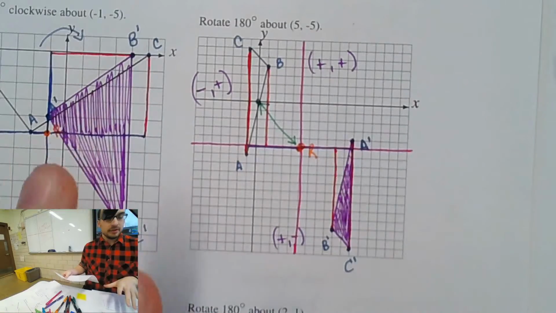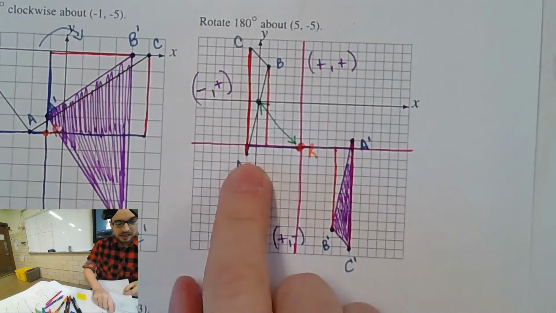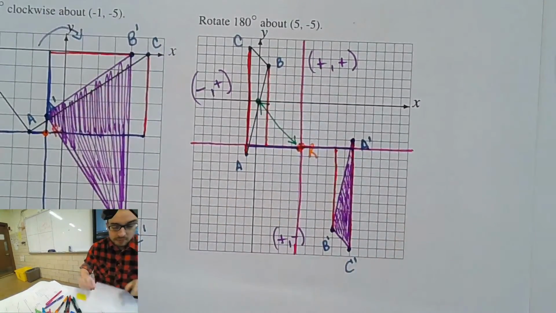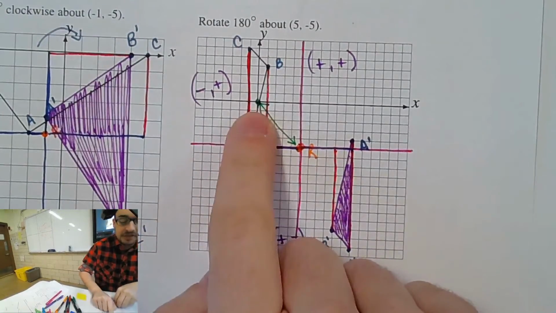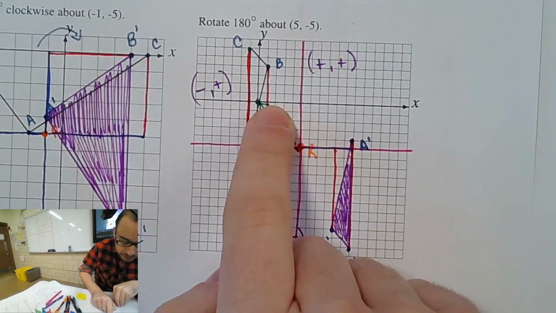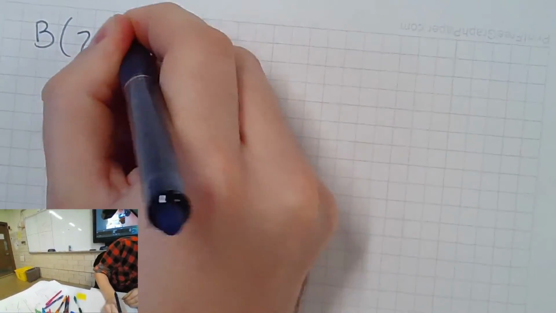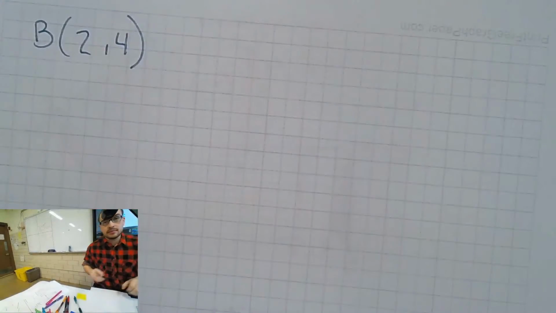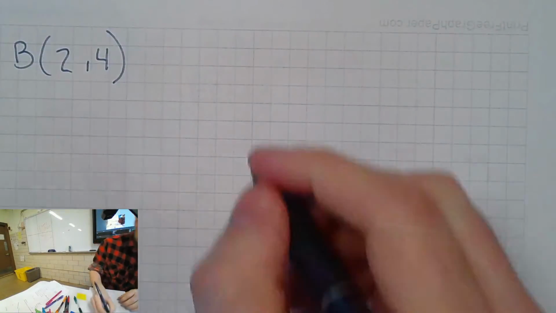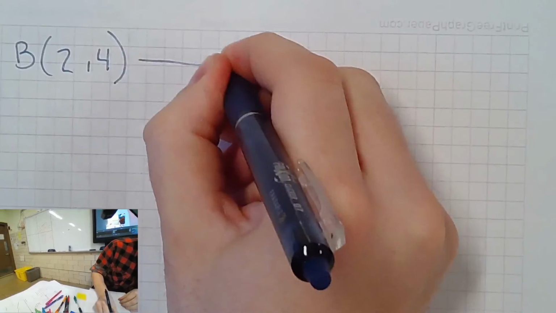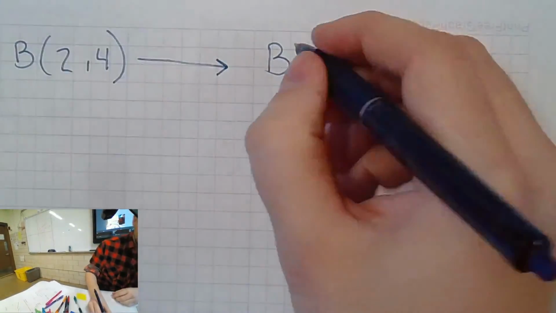Let's talk about what happened here, okay? Let's take point B. Point B's actual coordinates based on this center are 2, 4, right? So here's B at 2, 4. Cool. B prime, which I'm going to do a long arrow because it's going to take a bunch of steps to actually get there.